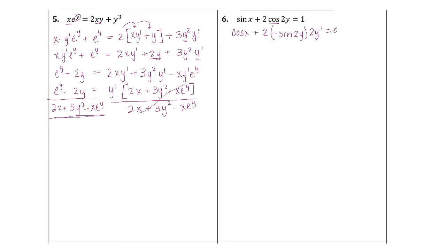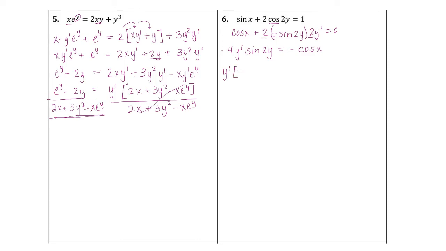And now we need to solve for our y prime, so I'm going to have a negative 4y prime sine 2y equals, and I'm going to move the cosine x over to the other side. And again, we factor out y prime.